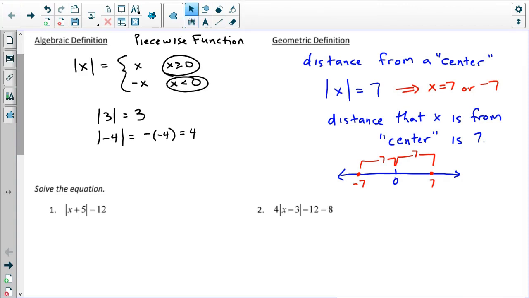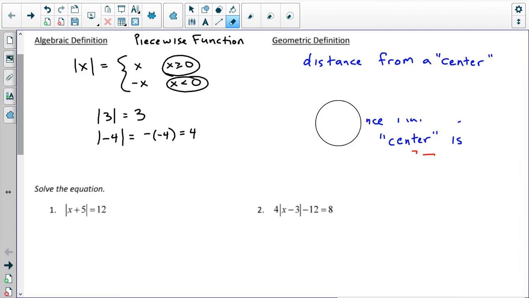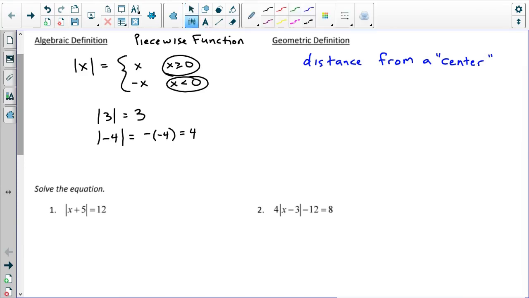Now, if I take a look at a little bit more complicated problem, I have, for example, the absolute value of x minus 5 equals 8.